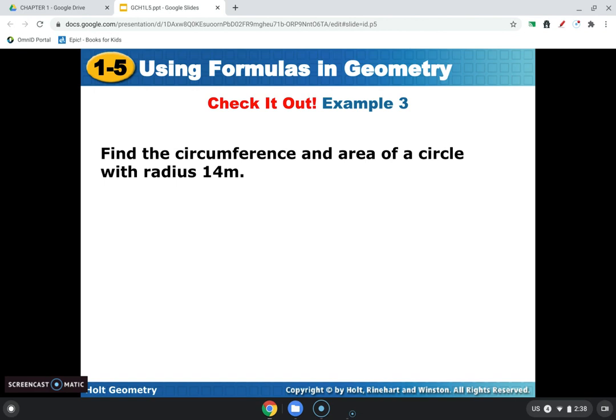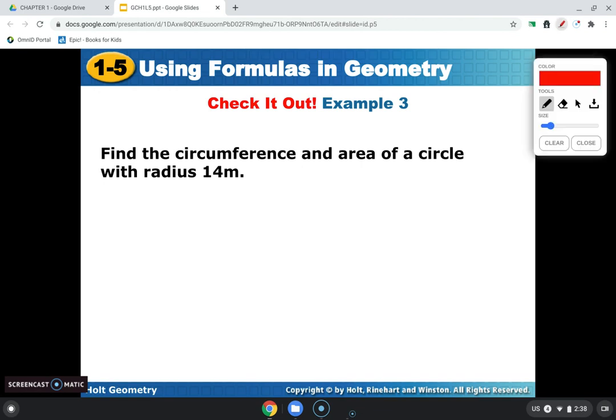Find the circumference and area of a circle with radius 14. So circumference would be 2 times pi times 14, which gives me 87.9, 88 actually, if you round that correctly.